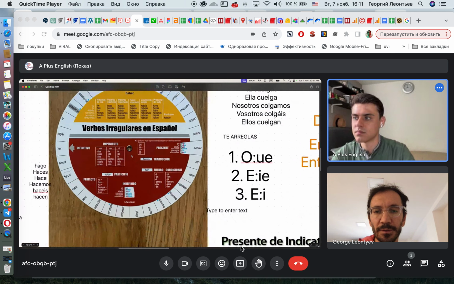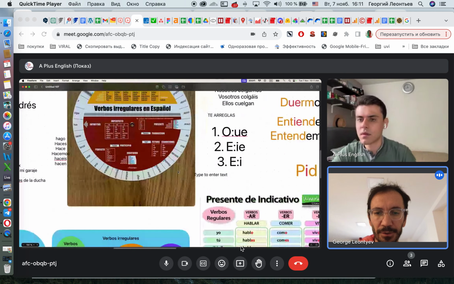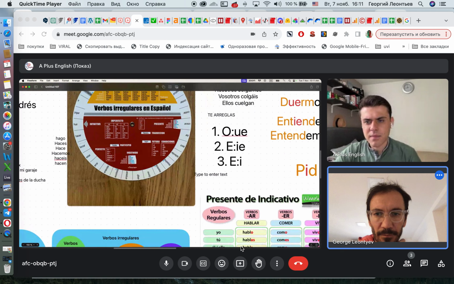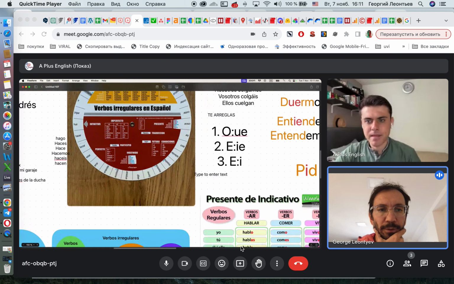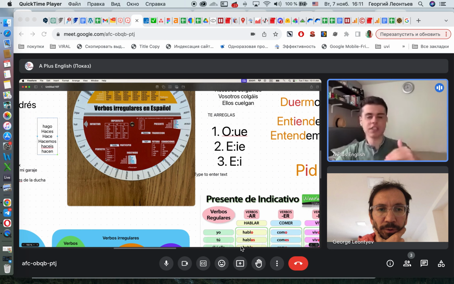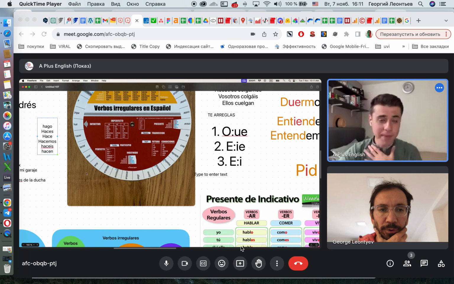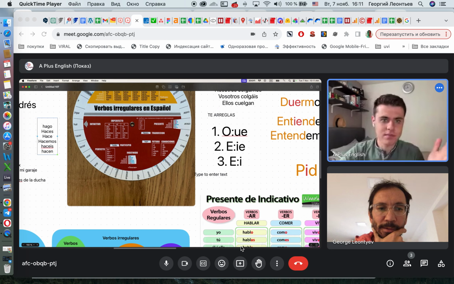Andres, what is the level of Spanish with these forms of verbs? Is it A1 or A2? These basic introductions are usually A1, A2. For me, they're A1, A2, right? They will never go to B1, right?